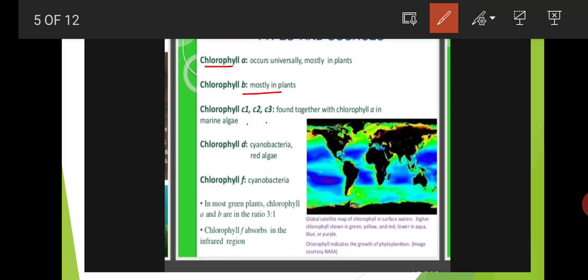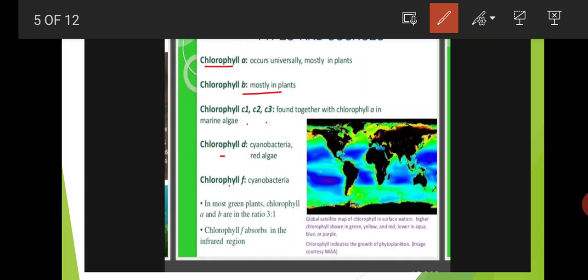Chlorophylls C1, C2, C3 are found together with chlorophyll A in marine algae. Chlorophyll D is found in cyanobacteria and red algae. And chlorophyll F is mainly present in cyanobacteria.